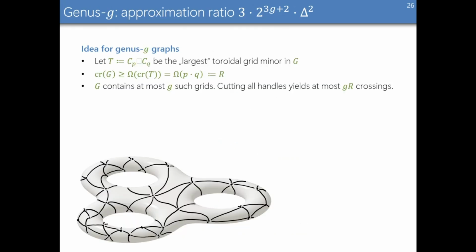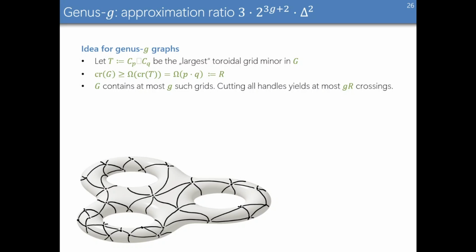Now, if you go to the genus g case, it seems like, okay, it's just the same thing again, because you just have a surface which doesn't have one handle, but multiple handles. g many handles. This is the pretzel surface, and a graph embedded on it. And you now may think, well, in this graph, we only know about toroidal grids.